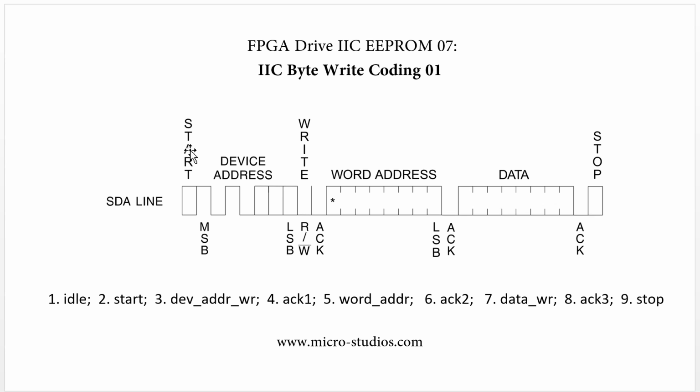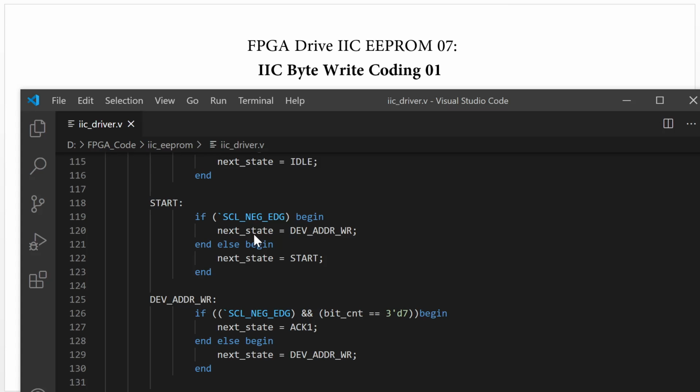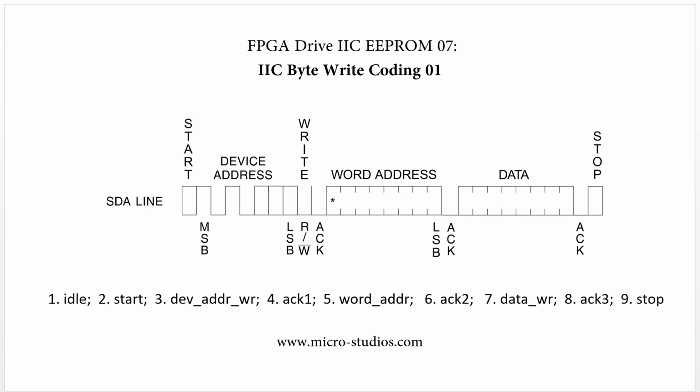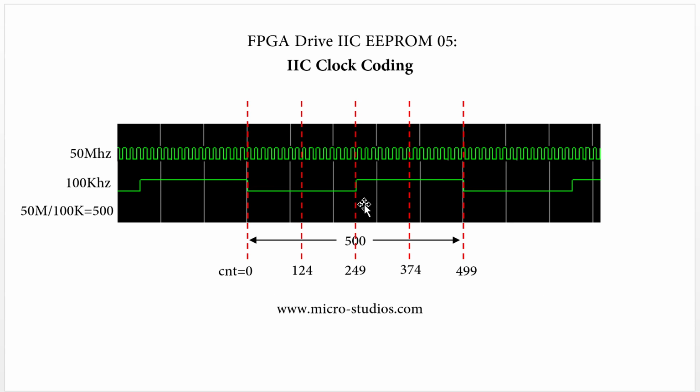This start is 1 I2C clock. This device address is 8 I2C clocks. This one means finish 1 I2C clock, 1 I2C clock is this position.